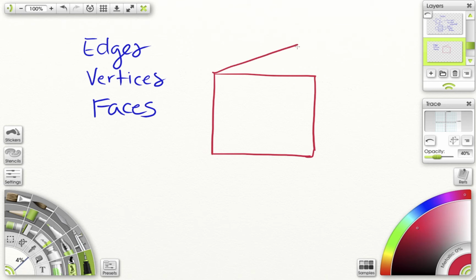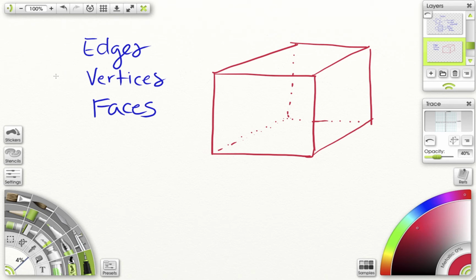So we have a cube structure. Now I'm going to do some dotted lines here, and this is going to show you what the cube looks like on the other side. So those are the lines that you can't see on a cube that form it.